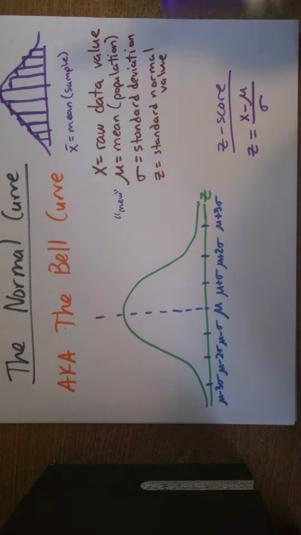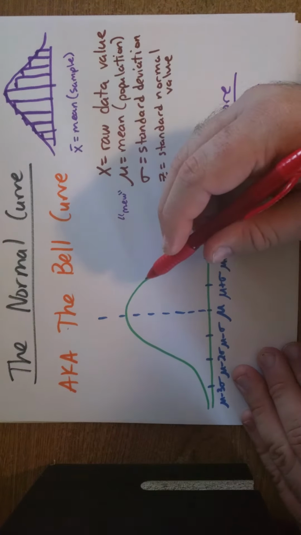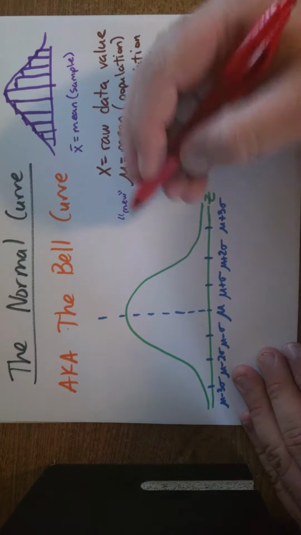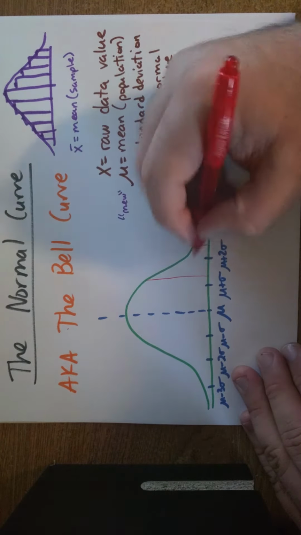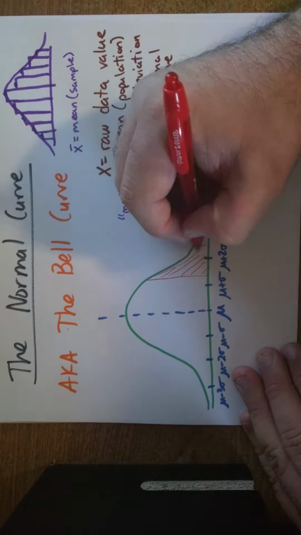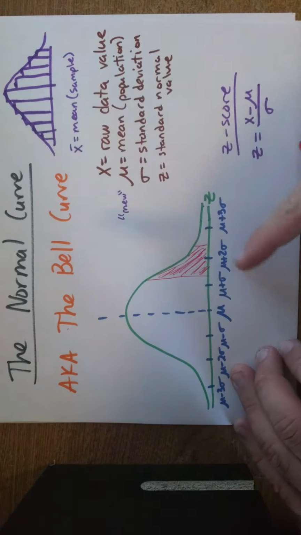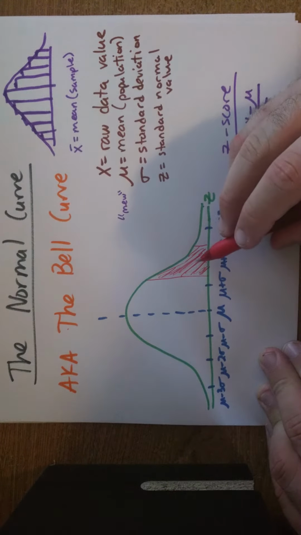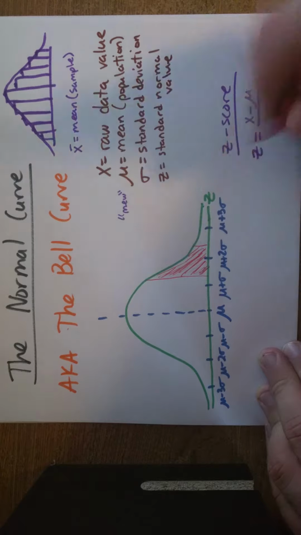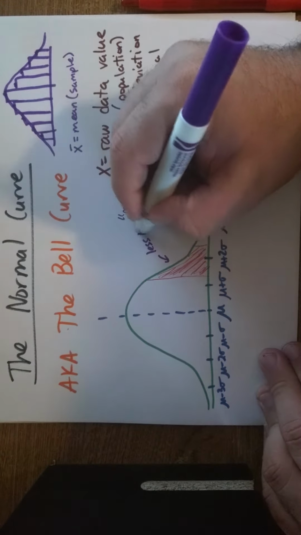Basically, what we're doing in this section is we're going to be finding area underneath the curve, between the curve and the z-axis. For example, we may be finding an area such as this. And I'm going to shade it in to show you that this may be an example of an area we may find. Now, this has some area, and I want you to make a note, this area will always be less than 1.